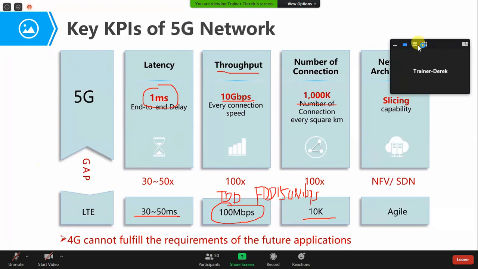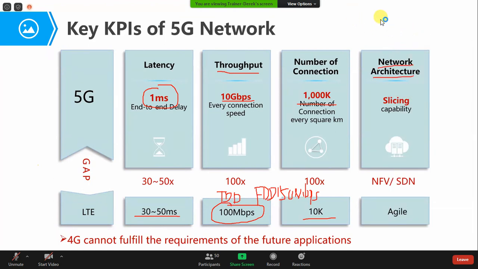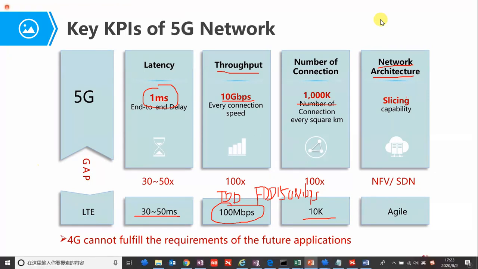And for network architecture, our 5G can support slicing capability. And what is slicing? Next we will introduce it in detail. Slicing is one key technology, one key feature of 5G.